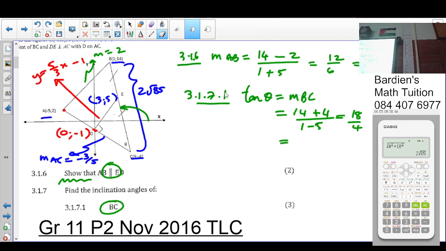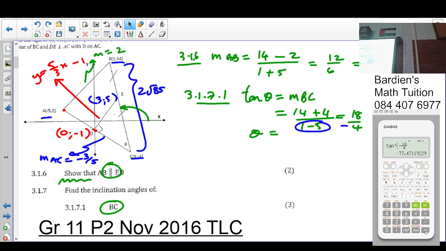Not so? So arctan of 18 over 4 or 9 over 2. So if you shift tan, 18 over 4, here's the inclination angle of 77,48. As you can see, that angle is obtuse.